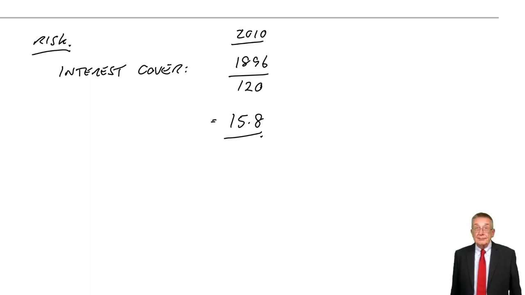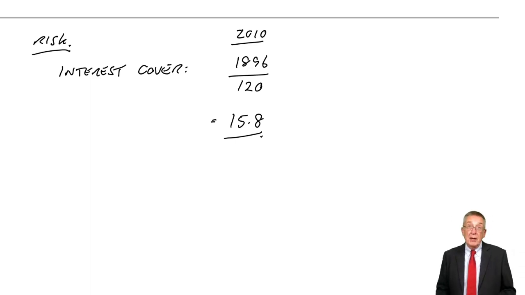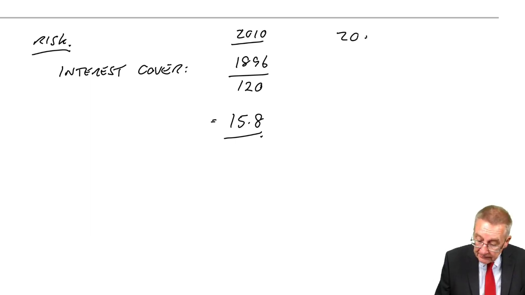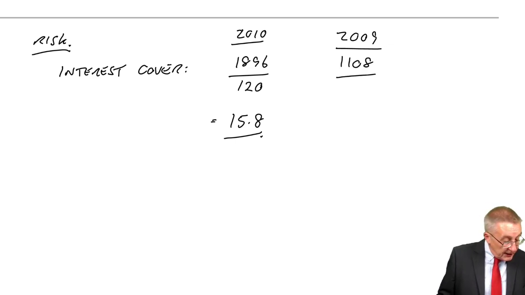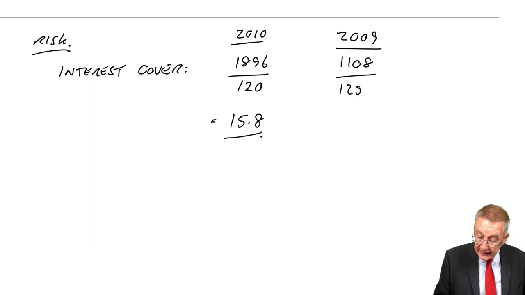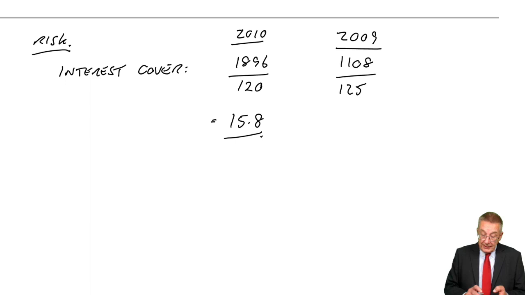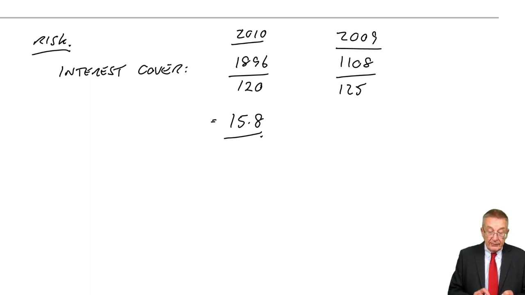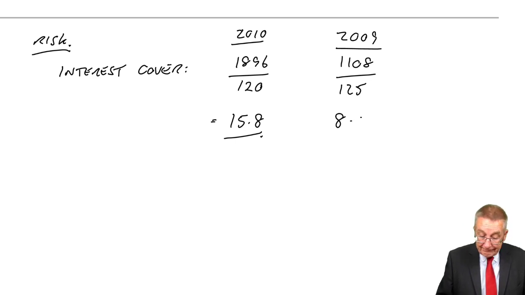Here, no problem. I say profits may be lower next year, but the chances of them being that much lower are clearly fairly small. What was it the previous year? Profit before interest, 1108. Interest last year, 125. 1108 divided by 125 is 8.86, 8.9.